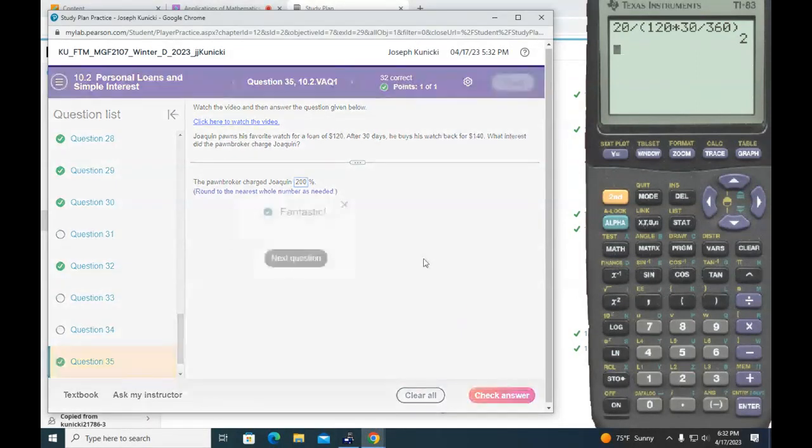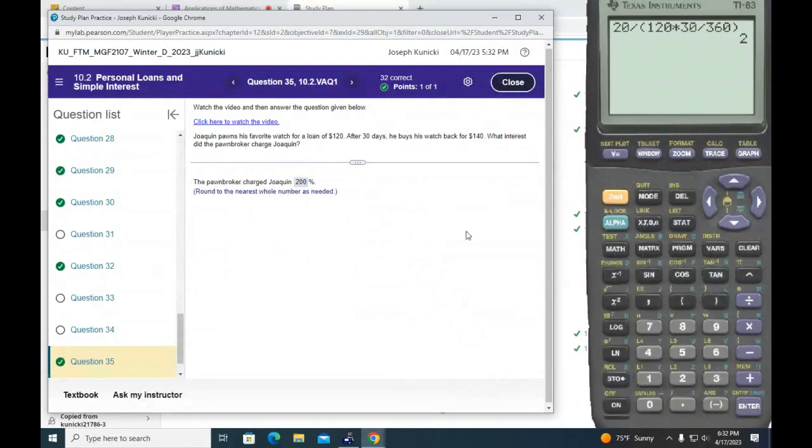Now, it sounds kind of reasonable. You loaned me the money, I paid you $20 for using $120 for a month. It doesn't sound that bad, but when you put it in terms of percent, you can see it. 200%, on a yearly basis, that's a lot.